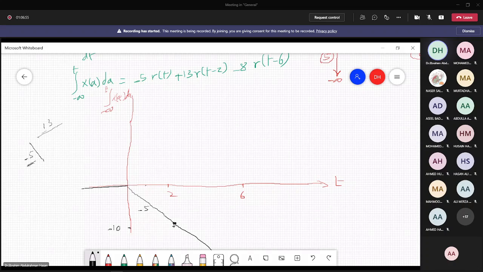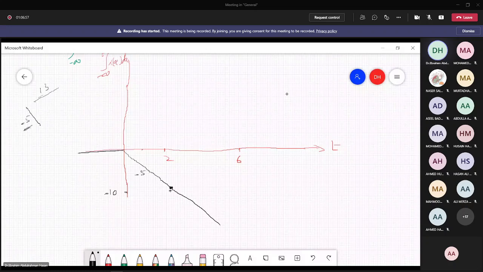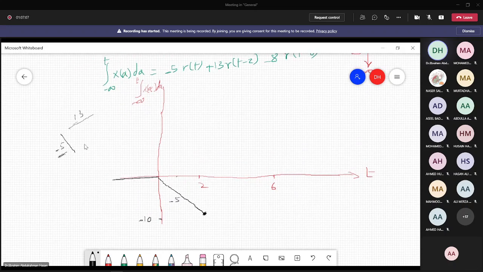So now I want to draw a line. Starting point is here, from 2 at minus 10, with a slope equal to 8, which is the resultant of the two. How to do it?